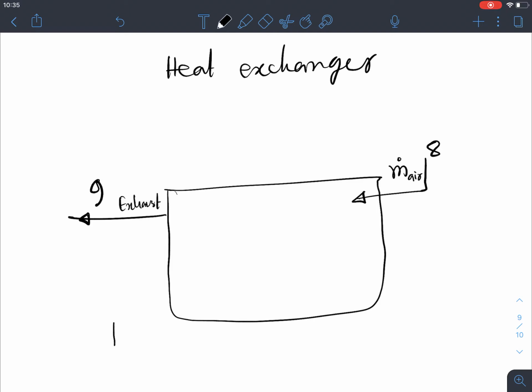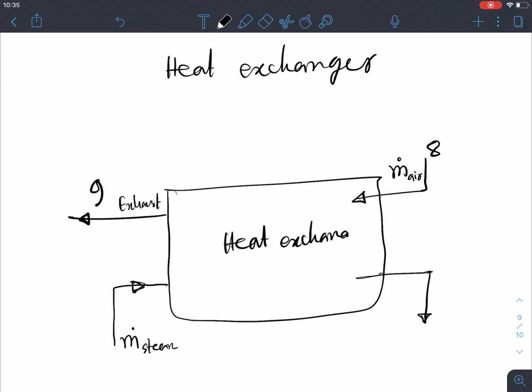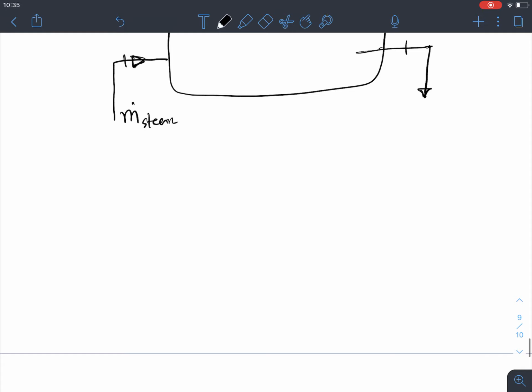Similarly, mass of steam is coming to this heat exchanger, and that mass of steam is going to the turbine. So basically this is the heat exchanger.